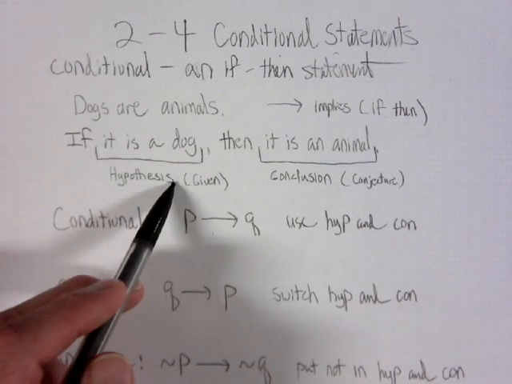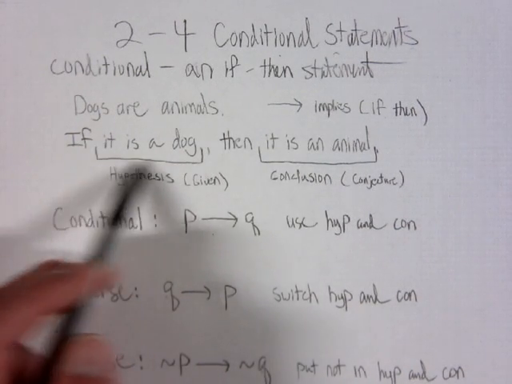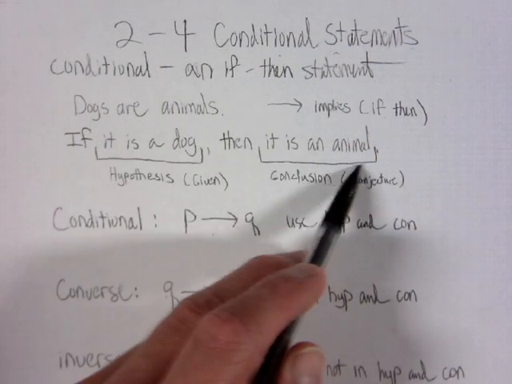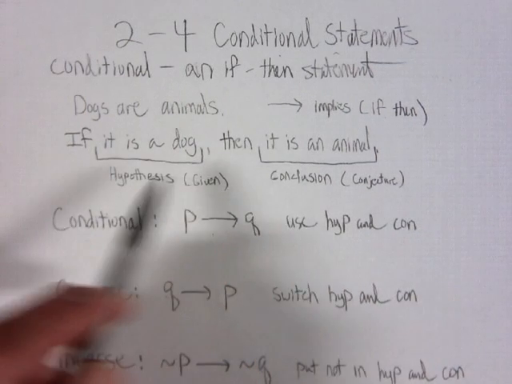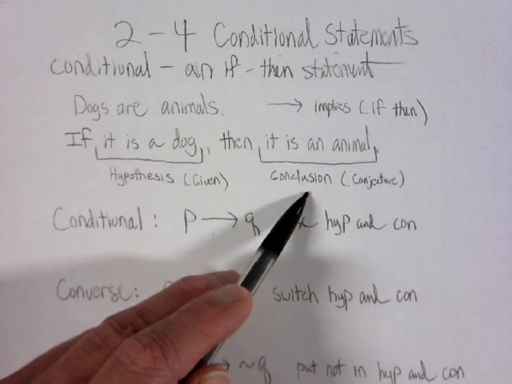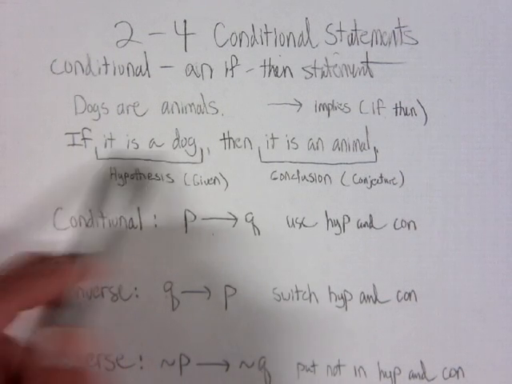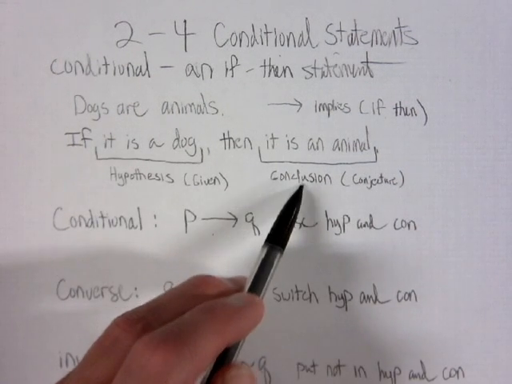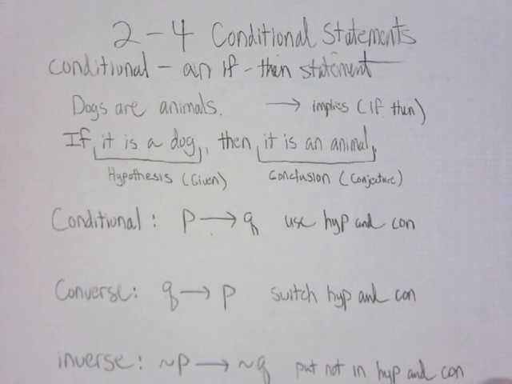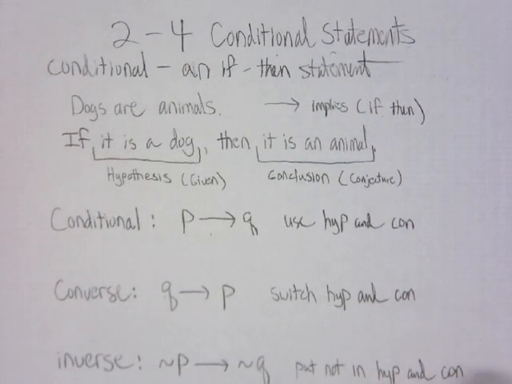The hypothesis is the if part of the statement, and the conclusion is the then part. These conditional words are not included in the hypothesis and the conclusion. So the hypothesis here is it is a dog. The conclusion is it is an animal. Now, what we're going to do today is learn how to write different statements using the conditional and how they are formed.